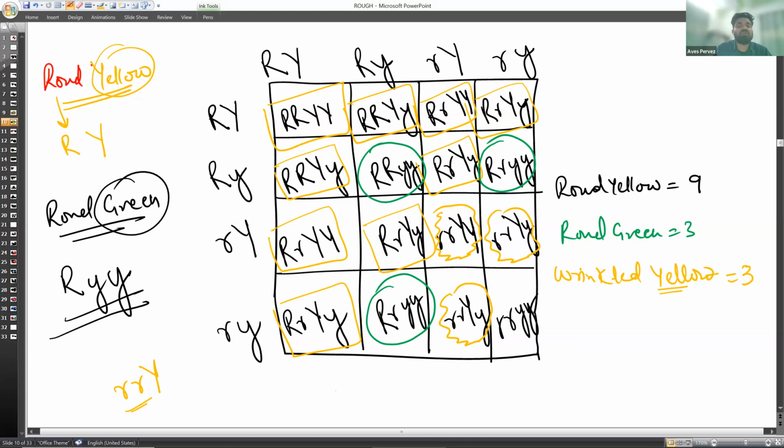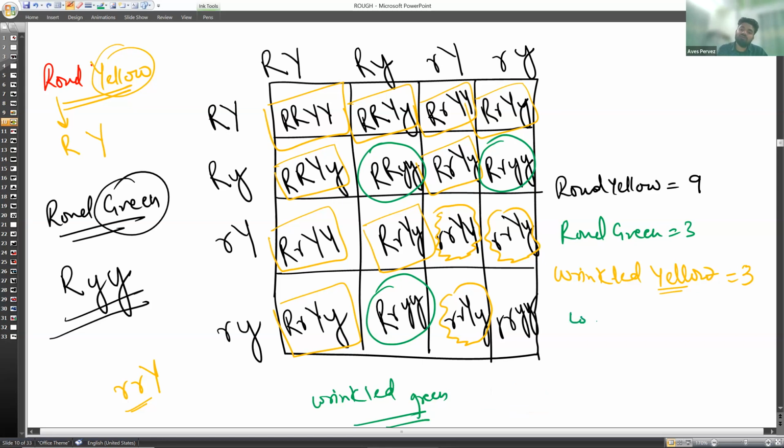Only for wrinkled green, because wrinkled is not dominant and green is also not dominant. So if you want wrinkled green, you have to write small r both, because wrinkled is not dominant. And for green, you have to write small y, both small. Okay, got it?